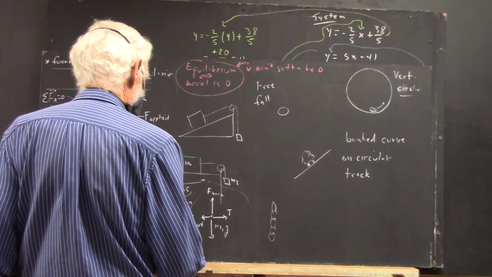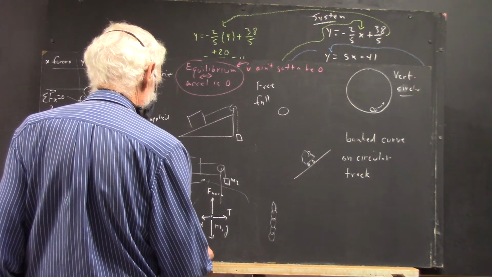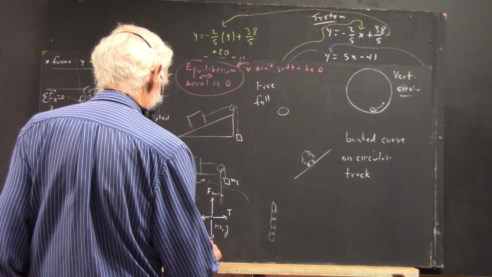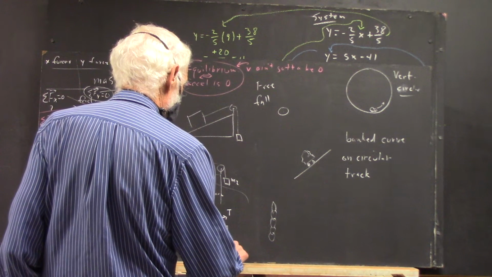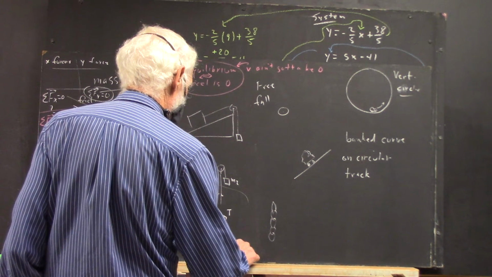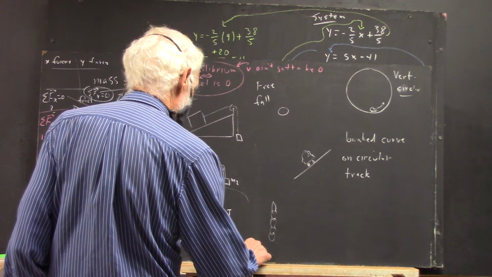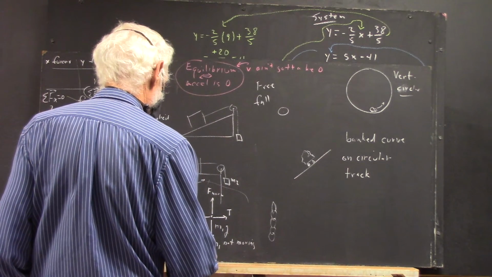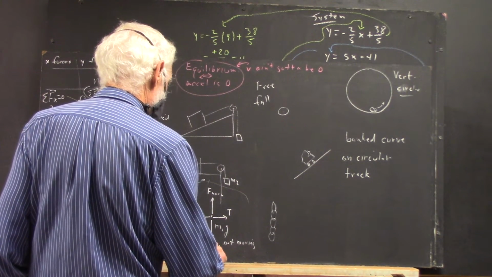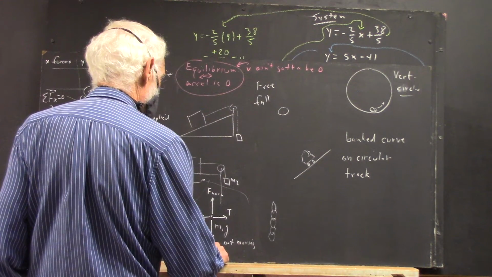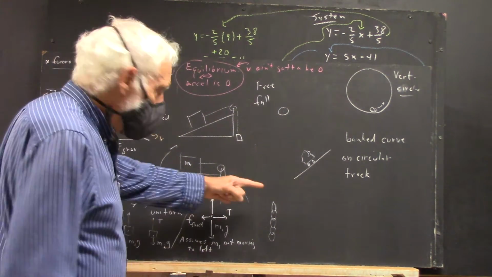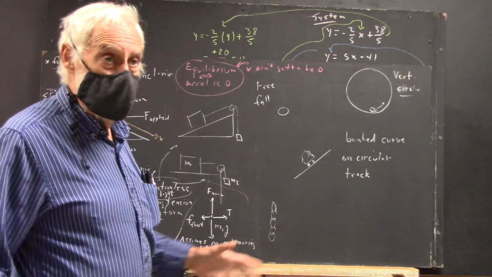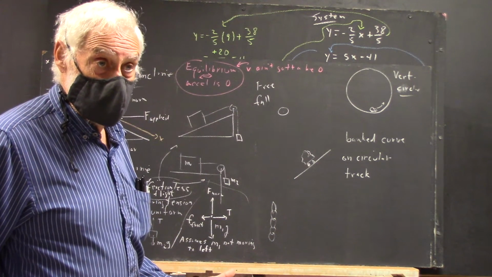So I'm just going to say now, this assumes that M1 is not moving to the left, because if it is, then the friction is going to be to the right, because friction opposes your motion. Okay?